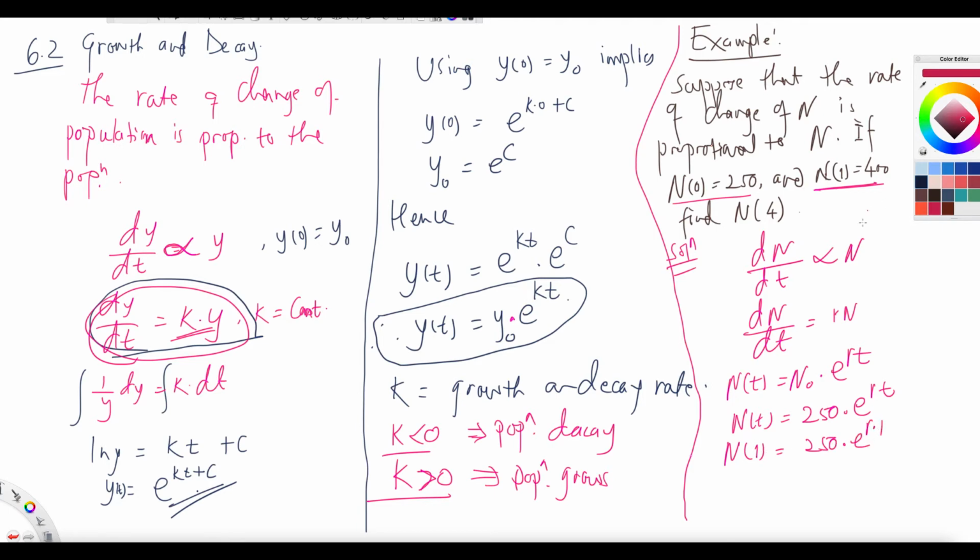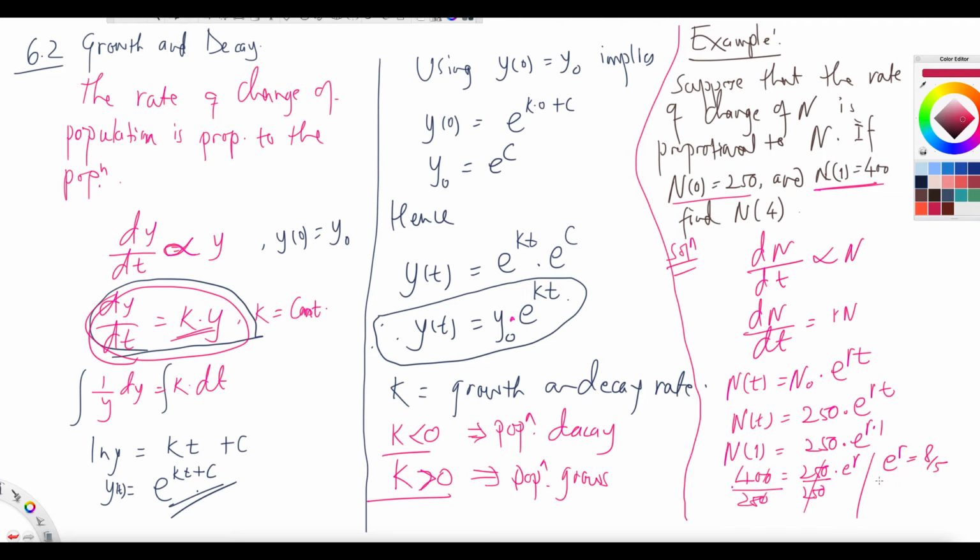But the value of n1 is 400. So 400 equals 250 times e to the r. Now divide by 250, the zeros cancel out. So you get 8 over 5. That means e to the r equals 8 over 5.